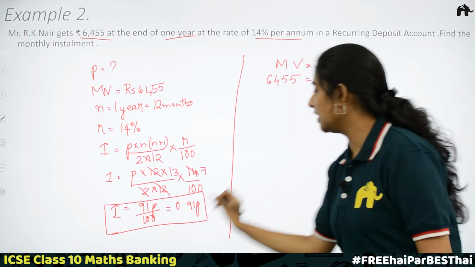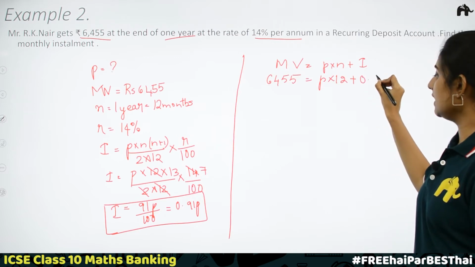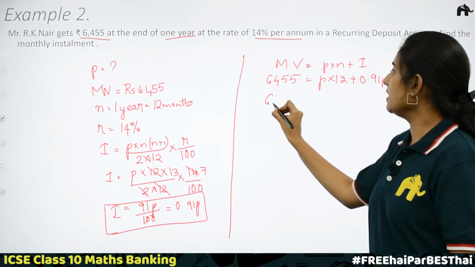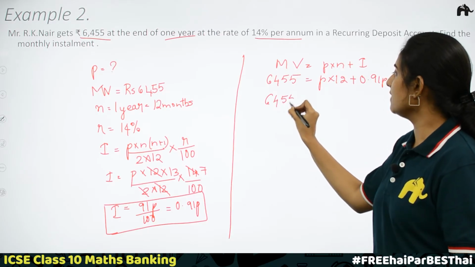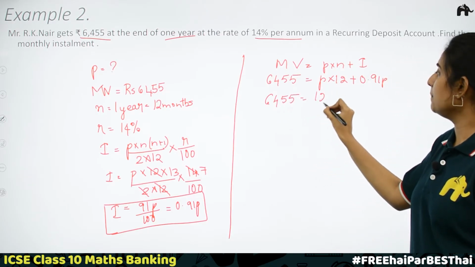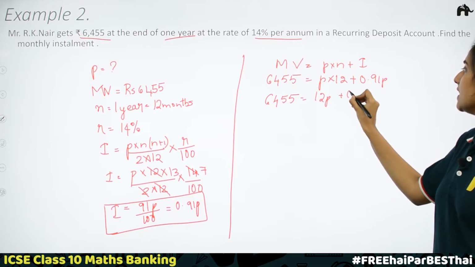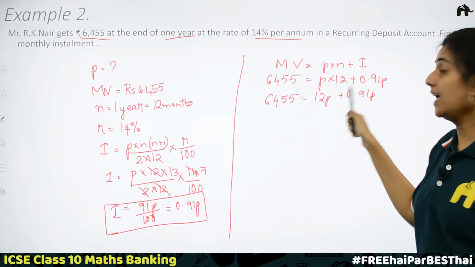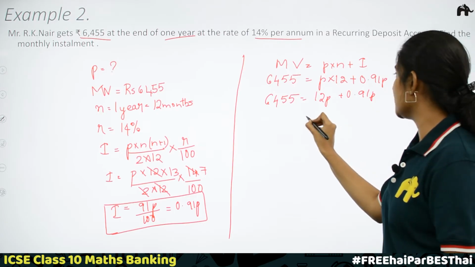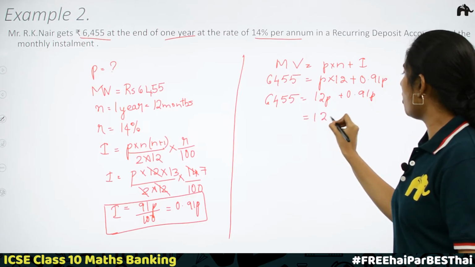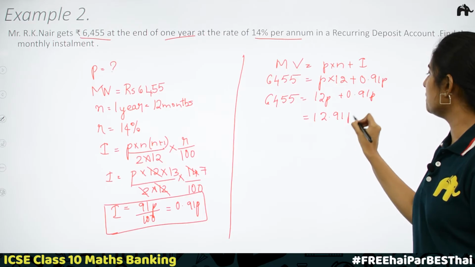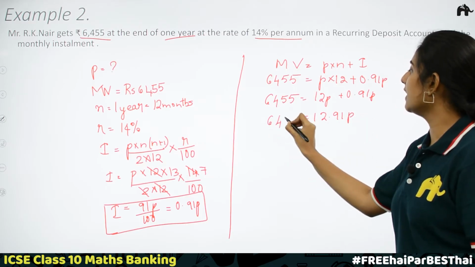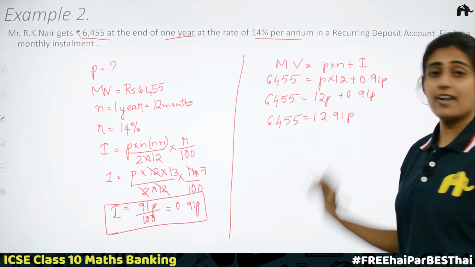Interest I is equal to 0.91P. 6,455 is equal to 12P plus 0.91P. Adding 12P and 0.91P, you will be getting 12.91P is equal to 6,455. How do you find the value of P now?